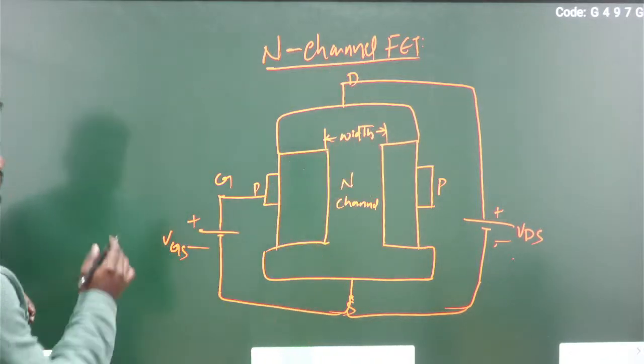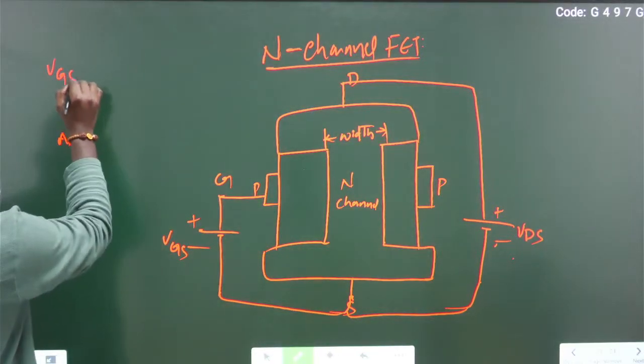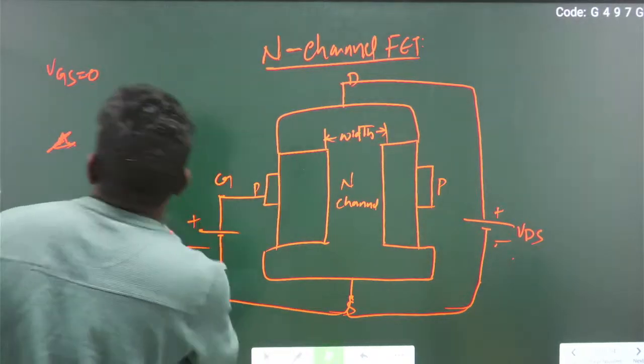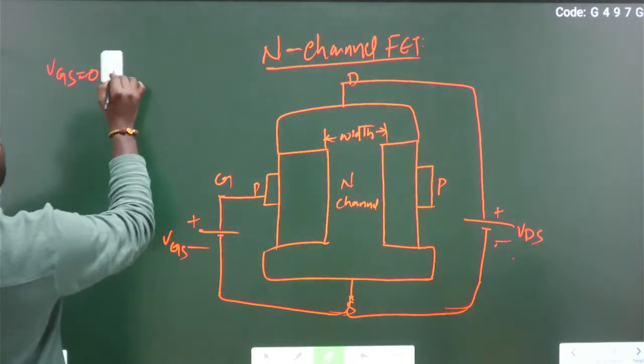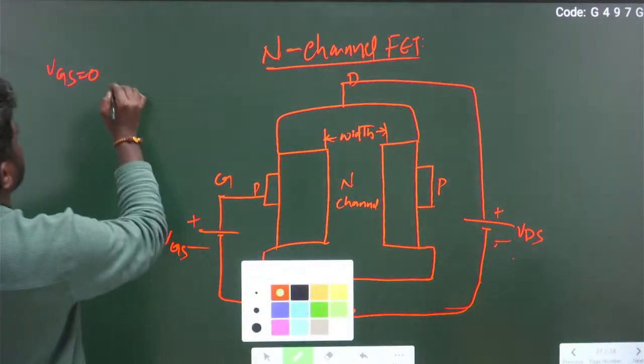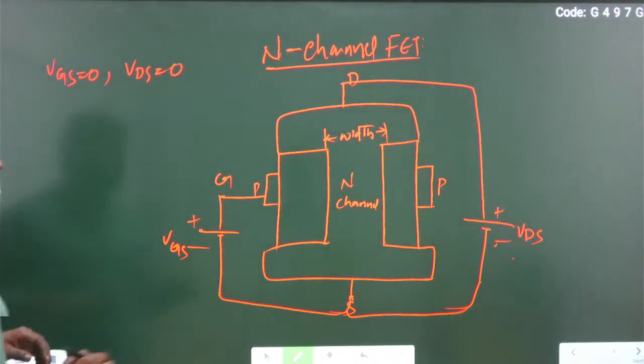Okay. First I am making VGS equal to 0 and VDS equal to 0.